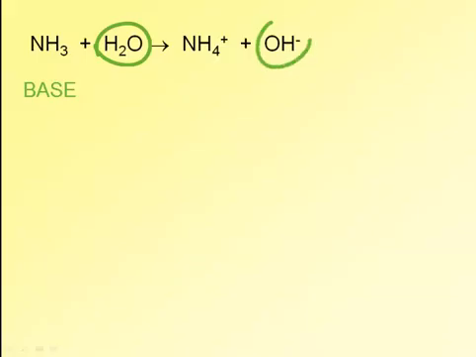H2O becomes OH-. H2O donated a hydrogen ion out to something else in the reaction. That means H2O acted as an acid. The acid becomes a conjugate base. The base becomes the conjugate acid.